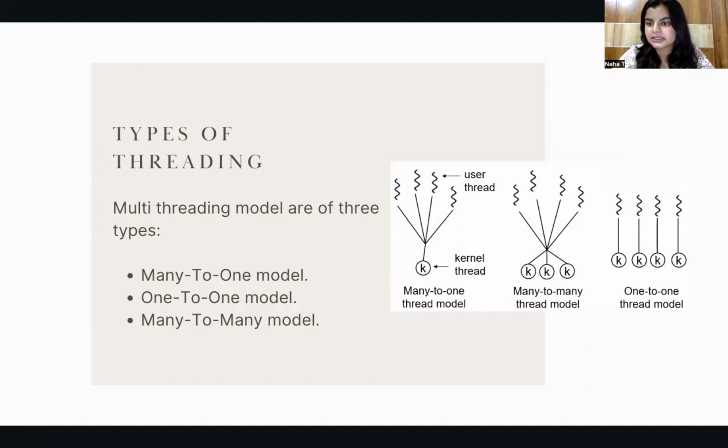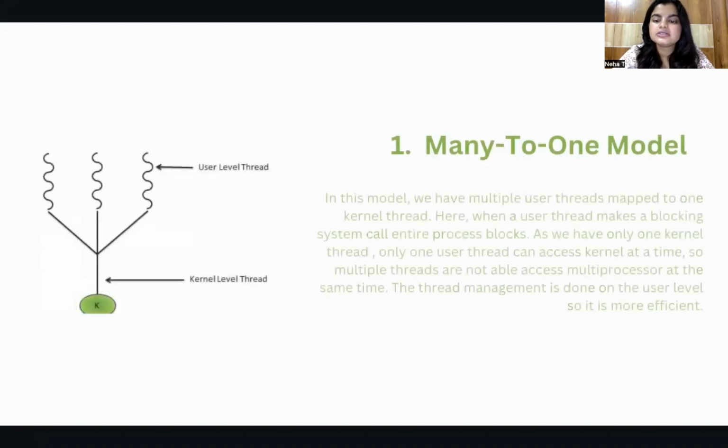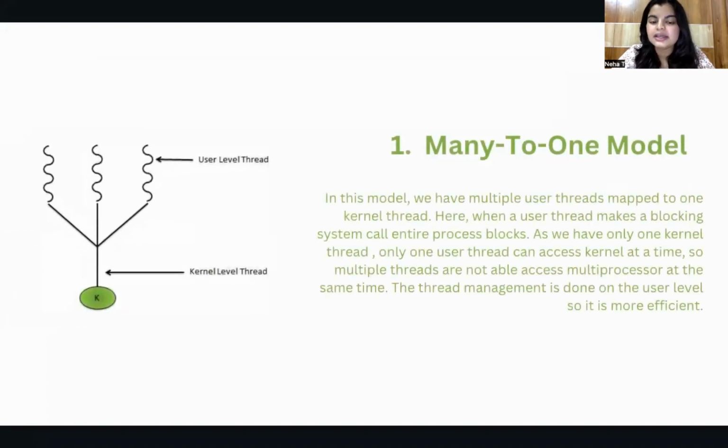So types of multi-threading, we have many to one, one to one, and many to many models. The first one is the many to one model. The first word refers to how many user threads we have, and the second refers to the number of kernel threads. So many to one means there will be many user level threads and just one kernel level thread.